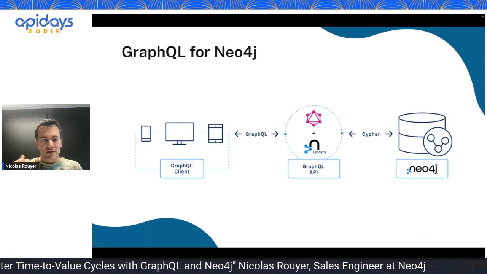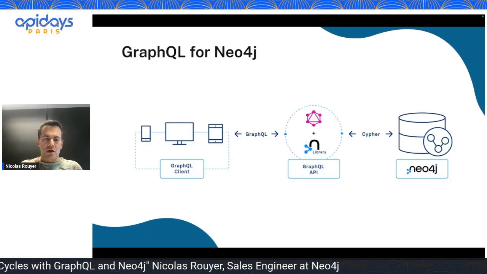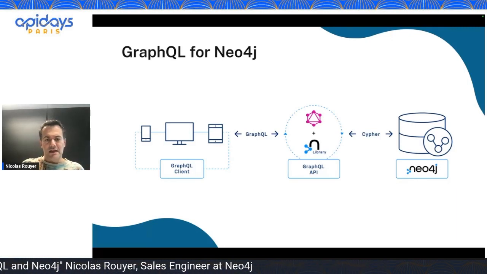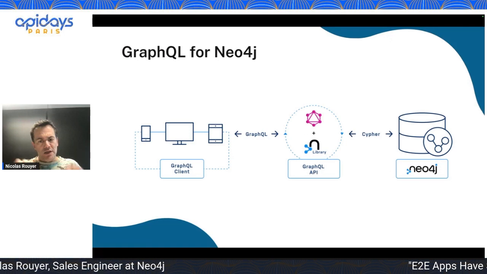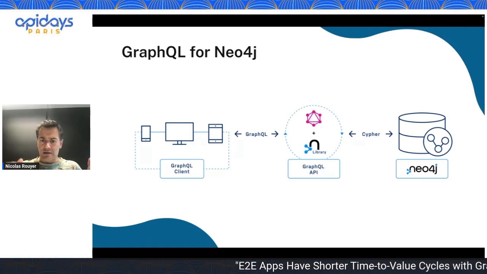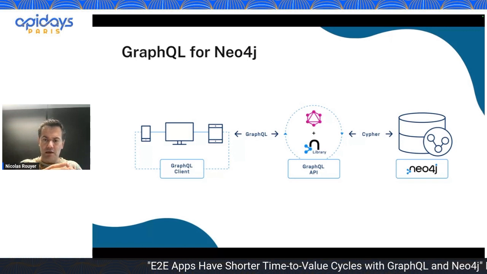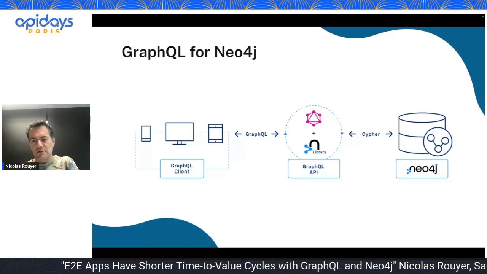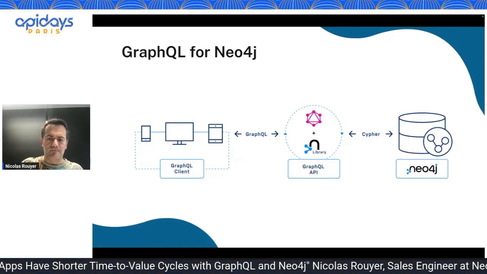It means that in a three-tier architecture, a GraphQL client will send HTTP requests with a JSON payload, and this JSON payload will be translated into Cypher for the graph database.